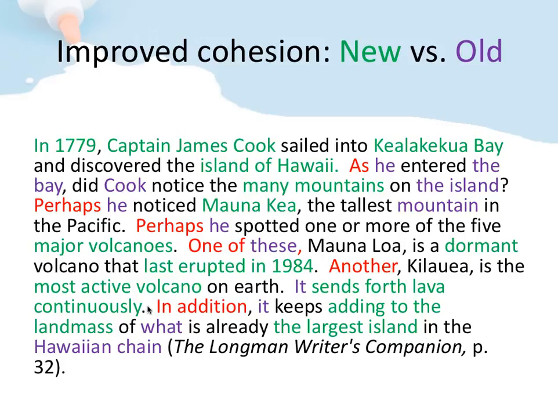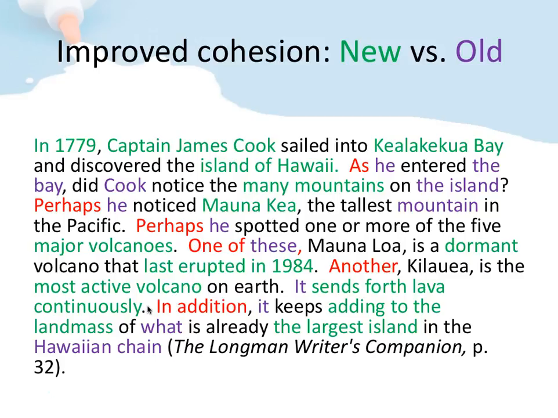Did Cook notice the many mountains on the island? So many mountains is now something new we're introducing, but that's the only new information. The island is a reference to the island of Hawaii. Perhaps he noticed Mauna Kea, and here's a new piece of information, and the rest is repeated from before.